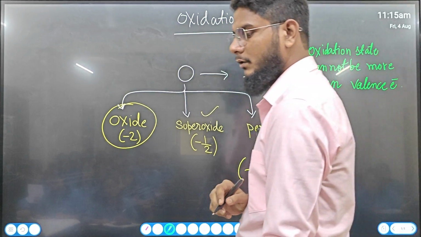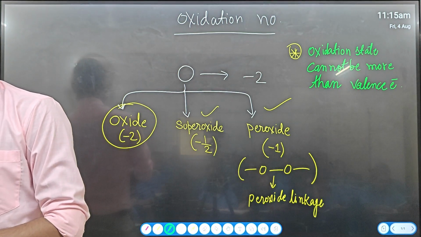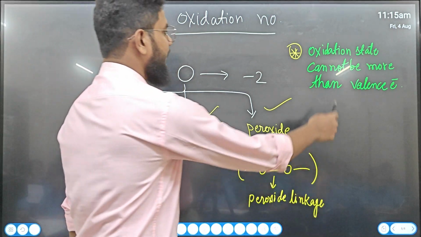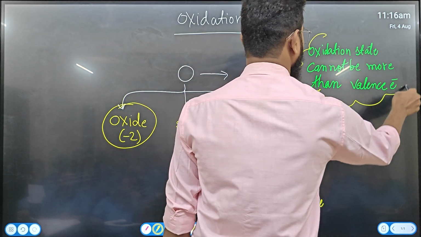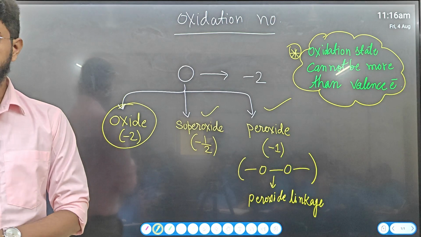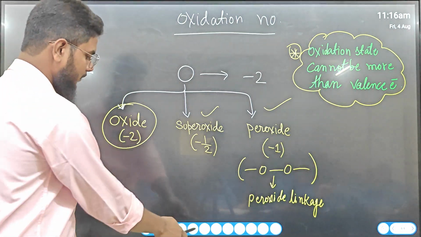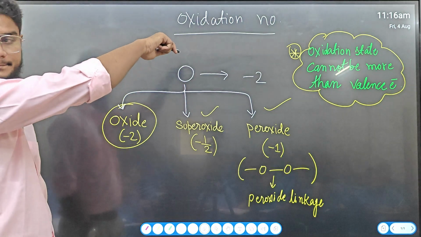Okay, oxidation number cannot be more than valence electron. This is a very important point. Write this down. And now we'll learn how to use these things.